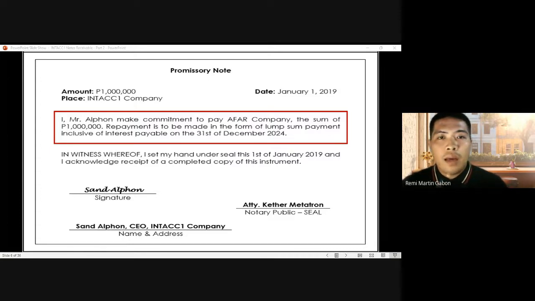We have the mode of payment, which is lump sum payment, and the maturity date, which is on the 31st of December 2024. Yan. So the same thing, we still have the important features, the amount, the place, the date, the signature, the address, and the notary public. Ayan. So yan na yan ang example. No interest rate provided in the problem. In the paragraph stating the promise in the promissory note.